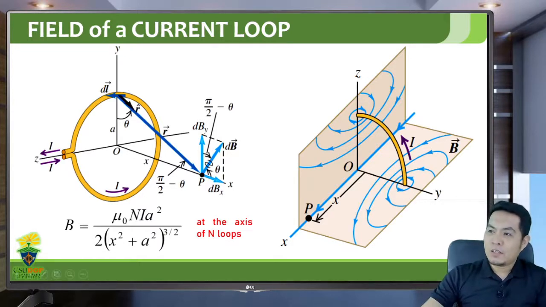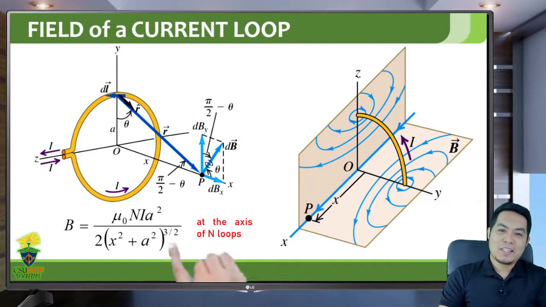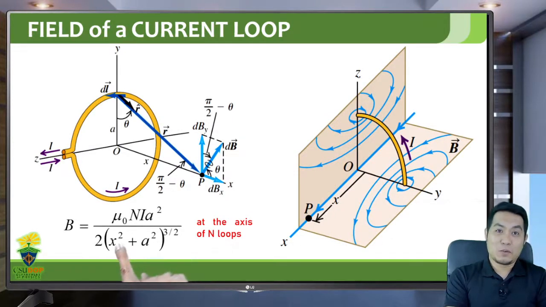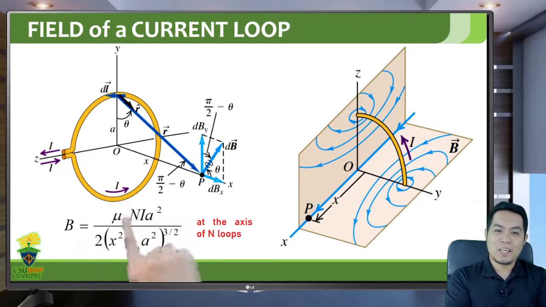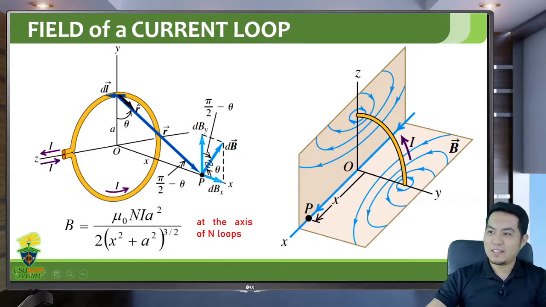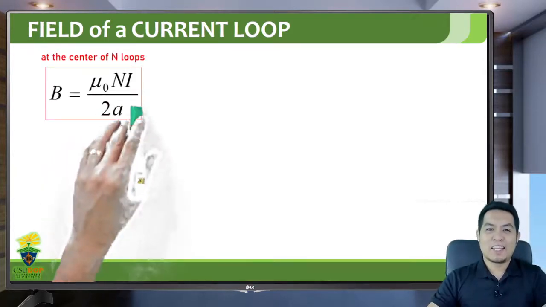Okay, so in our case, we'll just consider the very simple case at the center of N loops, that is, at x equal to 0. This equation will then reduce to a very simple equation: mu naught N I over 2a.